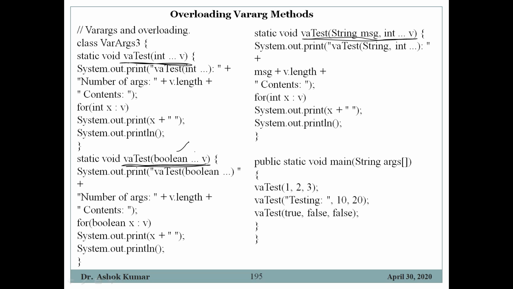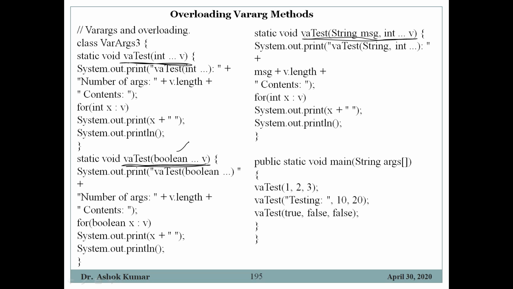The difference can be of data type. As in the case of the first and second methods, the difference is of data type, because the variable argument in one case is of type integer, and in the second method it is of type boolean. And the difference can be in the number of arguments.